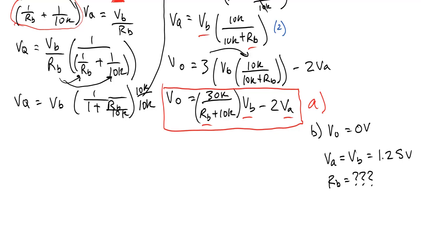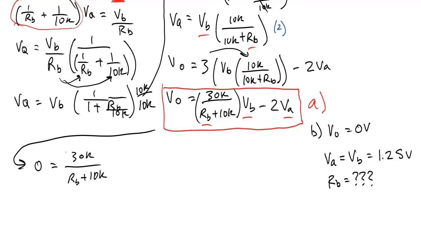So let's go ahead and just plug and chug. VO is going to be 0. We're going to have that equal to 30K divided by RB, which we don't know yet, plus 10K. And then since VB and VA are the same, 1.25, you could just take out the 1.25.